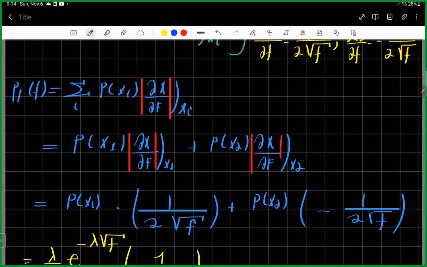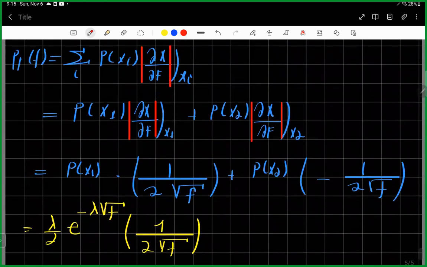But it's just that when I'm going to approximate this function p of f, I do it with how steep the change between x and f is, but it doesn't matter what the orientation of the gradient is. It just matters how steep the gradient is.